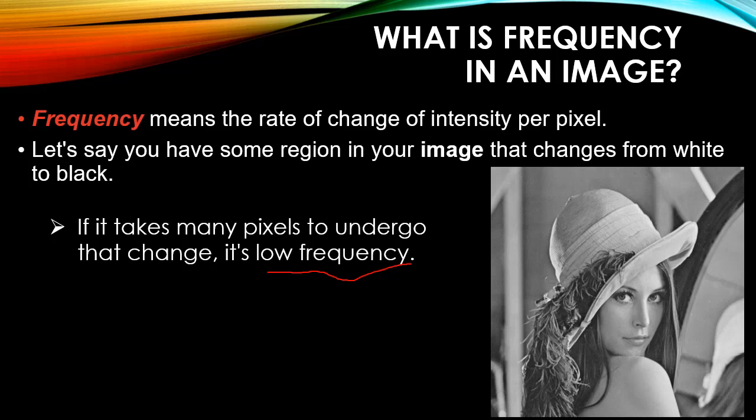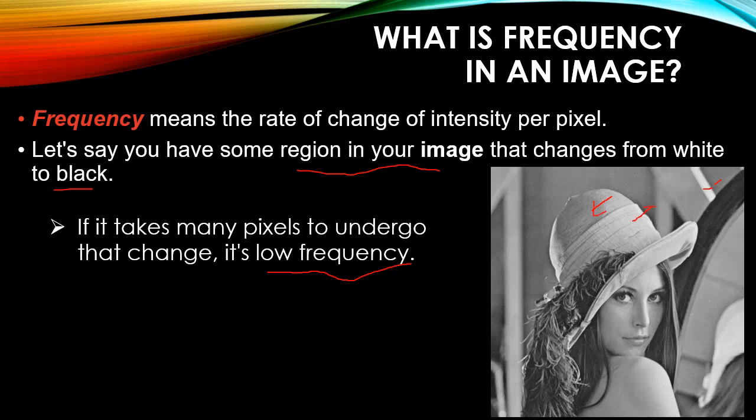So basically we are focusing on regions that change from white to black. Let's see here. It's a grayscale image and there are many places where the image changes from white to black. For example, this portion here to here is a white to black transition, and here also, you can see, and here also.